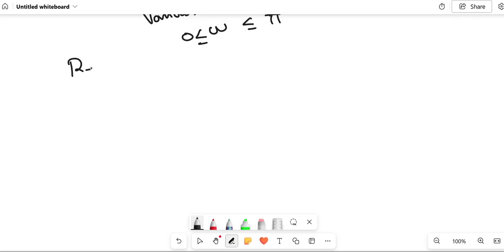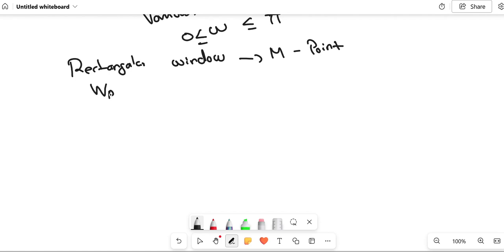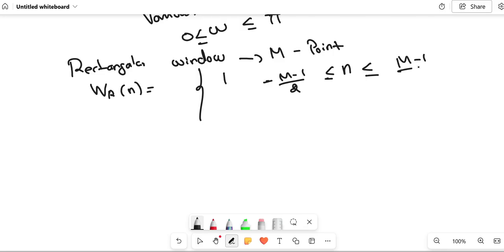In the rectangular window, for an M point rectangular window, w r of n is equal to 1, where n is from minus (M minus 1) by 2 to plus (M minus 1) by 2, and 0 otherwise.